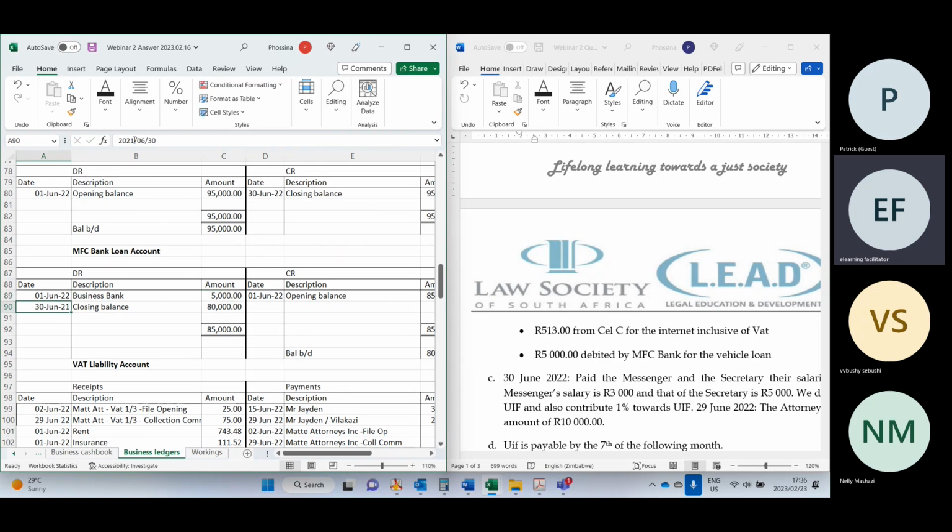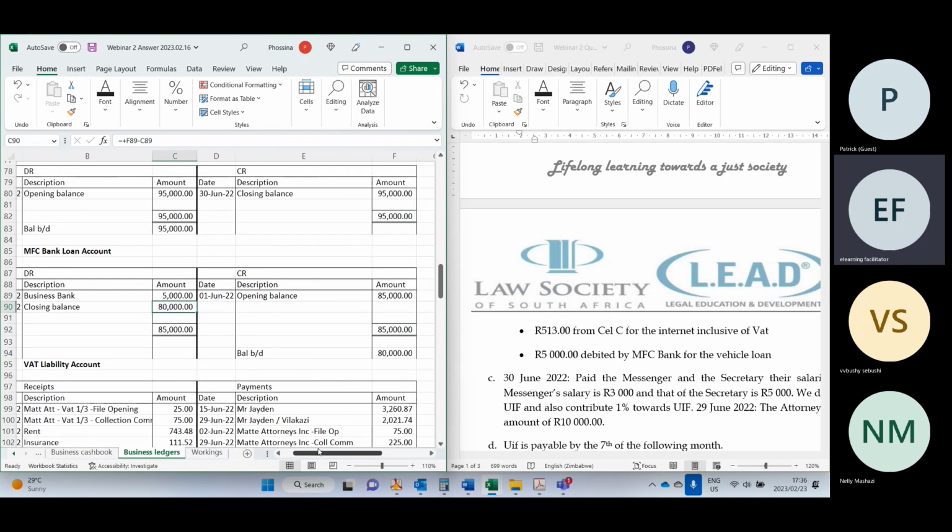So already I had put in formulas so that it can determine the closing balance. Which means we had an opening balance of 85,000, and then we have paid 5,000, and now we are left with 80. So that's what the closing balance means.